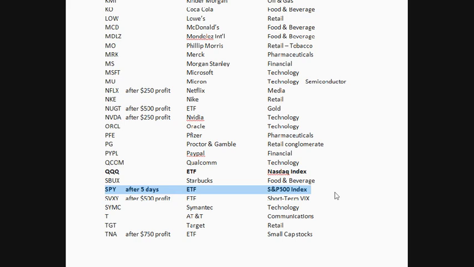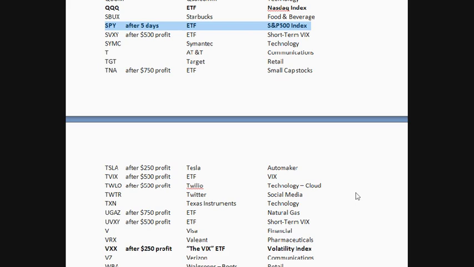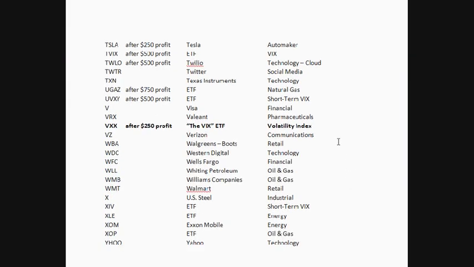Okay. Now, there's something else that I just want to show you here. There's the VIX. Symbol is VXX. This is an ETF called the Volatility Index, and it typically moves inversely to the direction that the rest of the market is going. Because when the stock market is going up, volatility tends to go down.